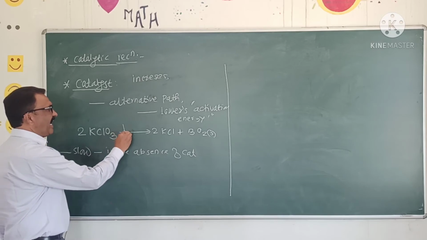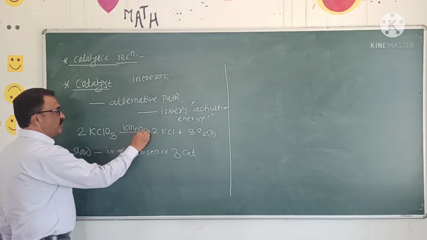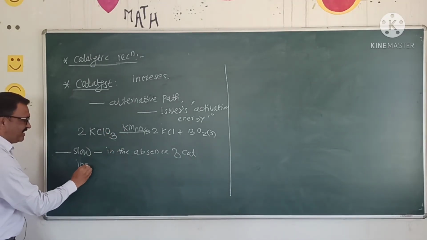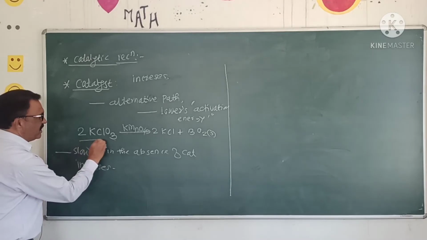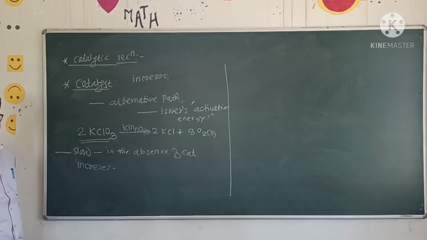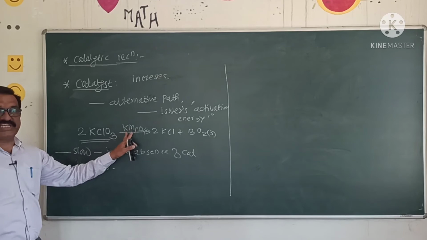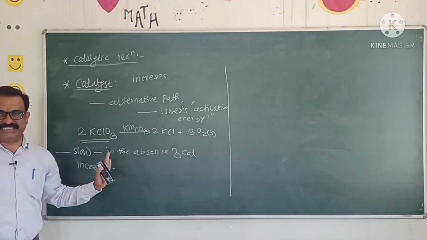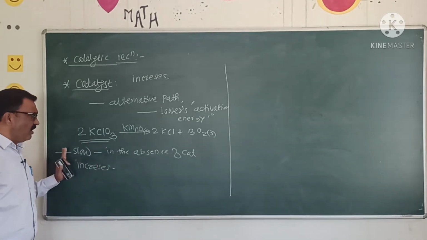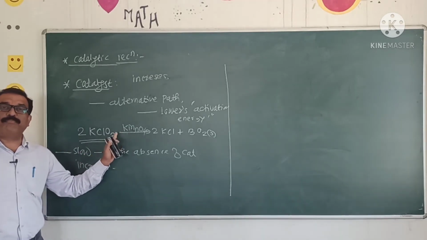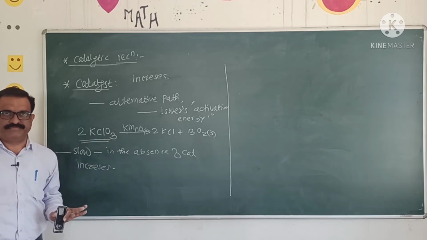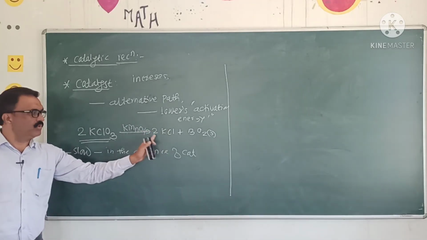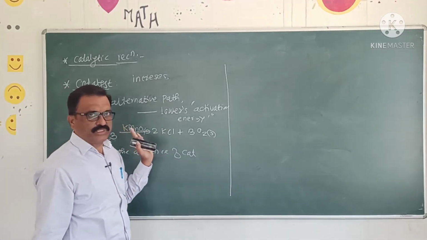When KMnO4 is used as a catalyst, this catalyst increases the rate of this decomposition process. With the help of the catalyst KMnO4, the rate of this reaction increases, because this KMnO4 provides a lower activation energy path to convert the reactant into the product.